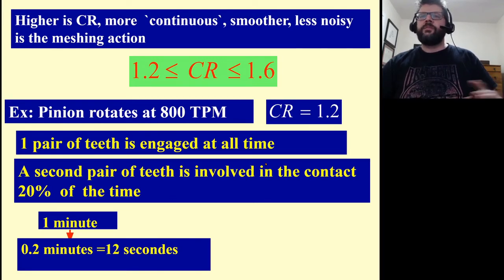We're always going to have one pair of gear teeth engaged at a time, unless it's the worst gear solution ever. And then some of the time, in this case 20% of the time, we're going to have two teeth in contact if we have a contact ratio of 1.2.